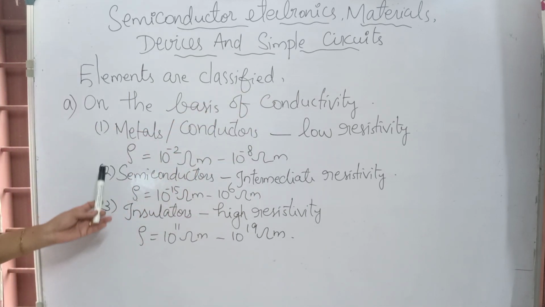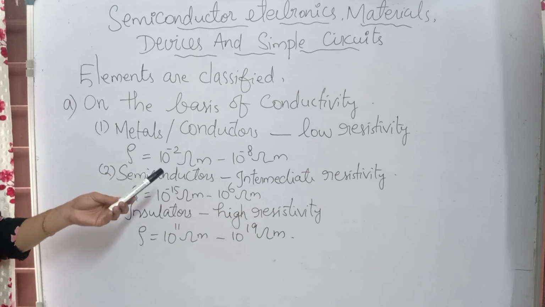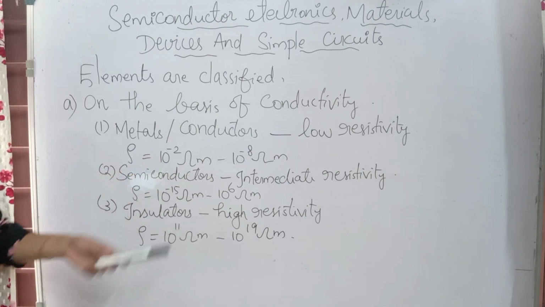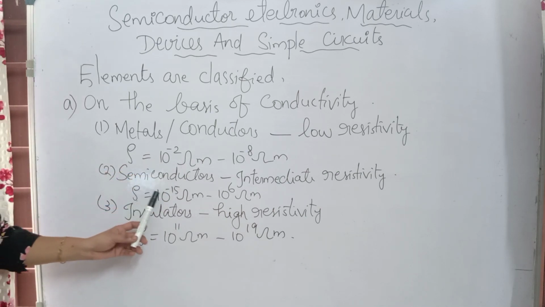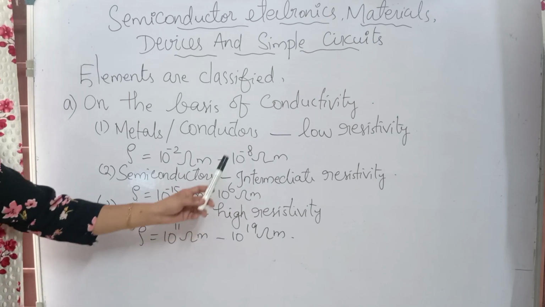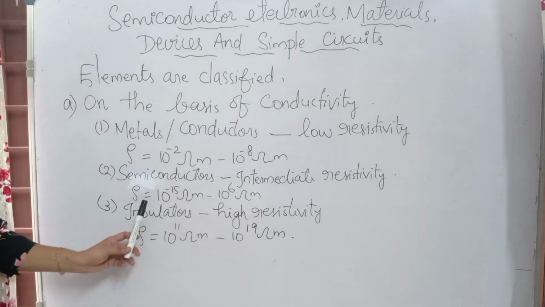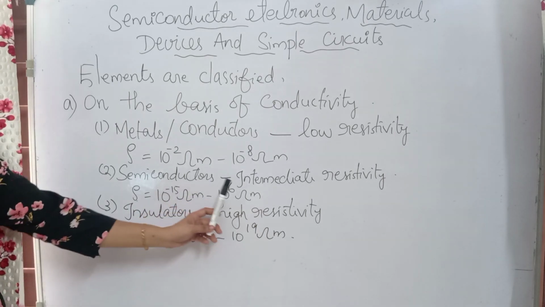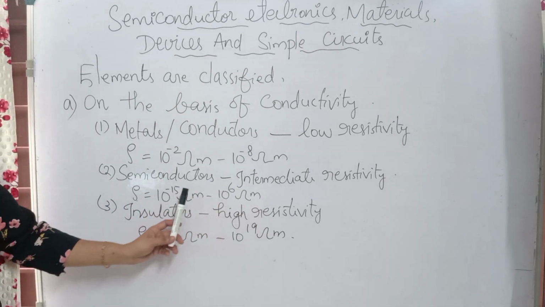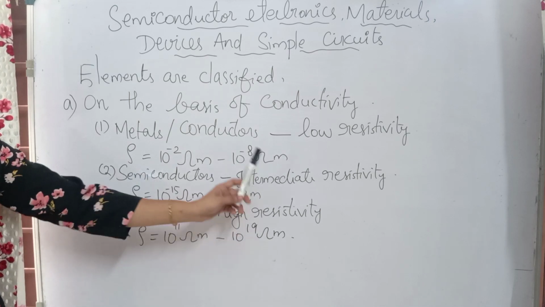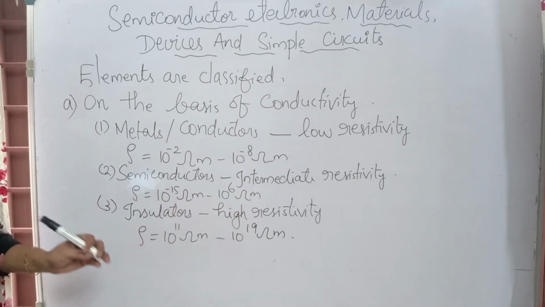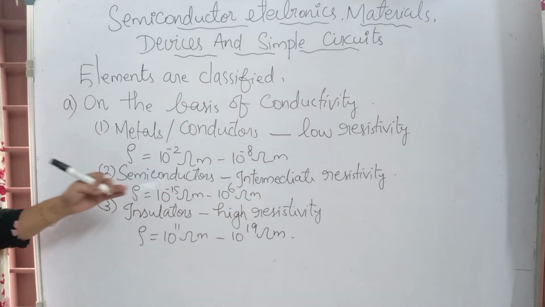Then in the case of semiconductors, the resistivity will be intermediate. In such a case the resistivity will be 10 raised to minus 15 ohm meter to 10 raised to 6 ohm meter. That means in the case of semiconductors, the resistivity will be between these ranges. Then the last case is insulators.